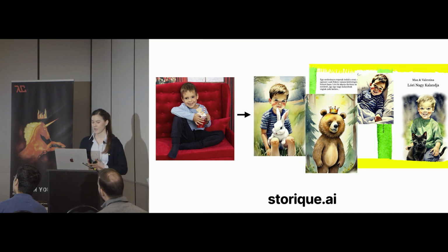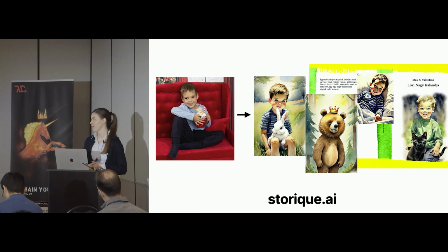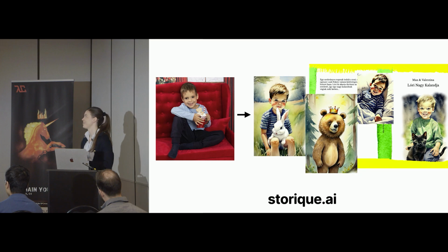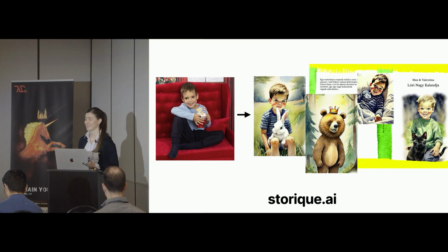As we worked on Storique, we realized how much joy the results bring, and we wanted to achieve a version which anyone can easily use. The key is personalization, and the question is which technology enables us to create such personalized pictures.